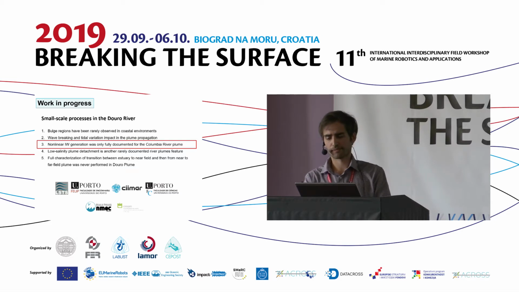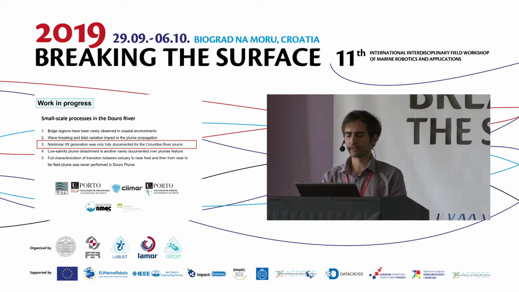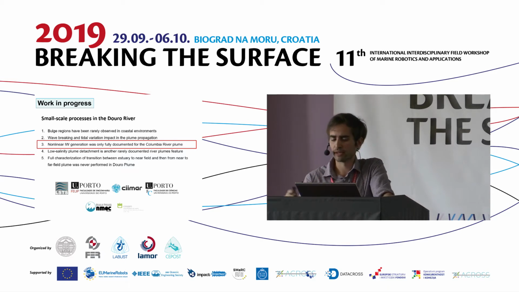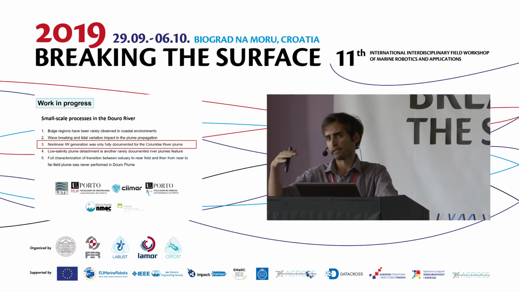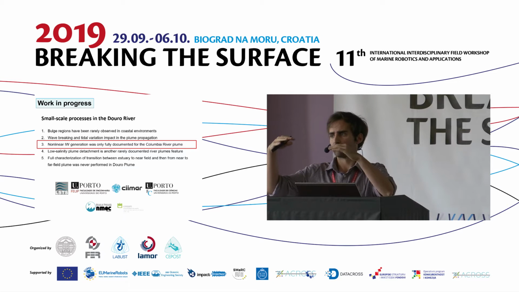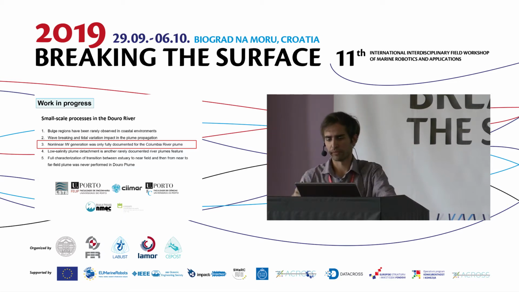Like surface waves, internal waves are waves that can propagate at the interface of two fluids. In a stratified ocean, like this case, they can propagate between two water masses, the river plume and the other masses in front of the river plume.